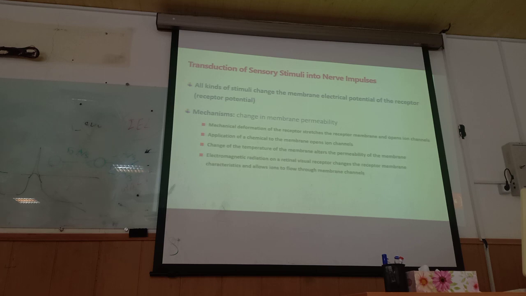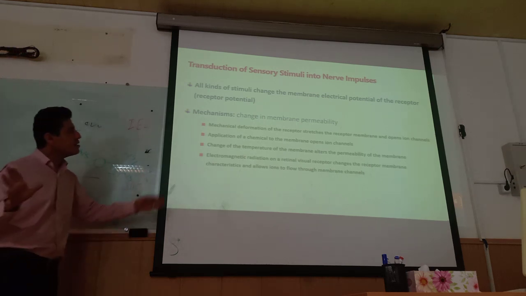So all receptors receive different types of energies and generate receptor potential, but this receptor potential cannot go through the nerve to the CNS, like synaptic potential. It should activate action potential. So we have a stimulation, then we will have receptor potential, then we will have action potential, right?